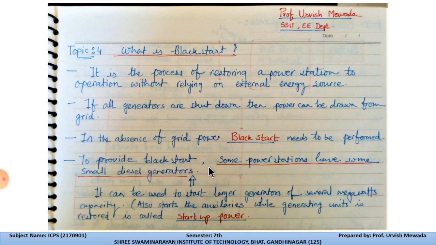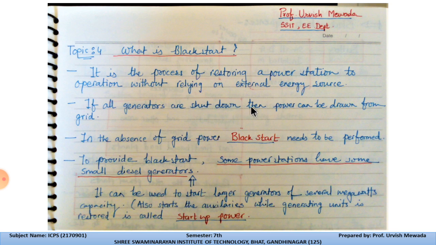Whenever the power station becomes islanded due to an overstressed situation, we need to restart that power station. So it is also called a restoring process or restarting process of the power station. It is an operation without relying on an external source.